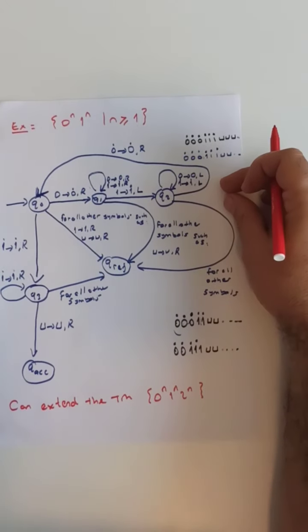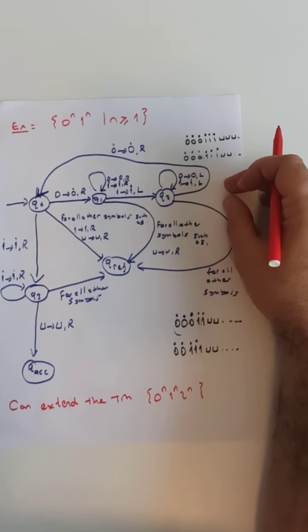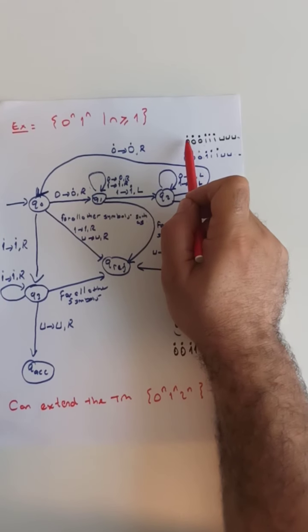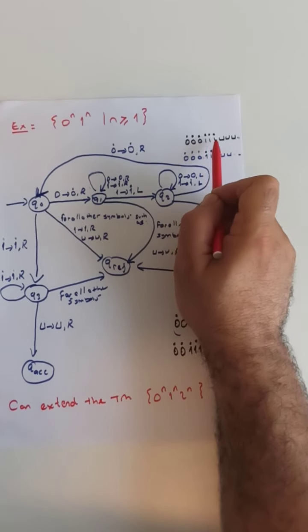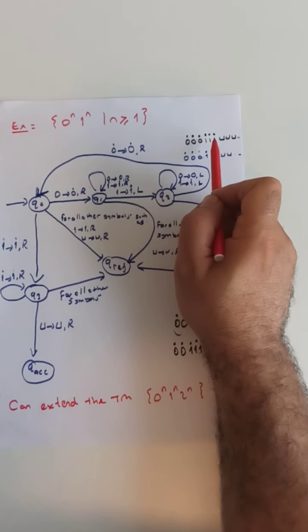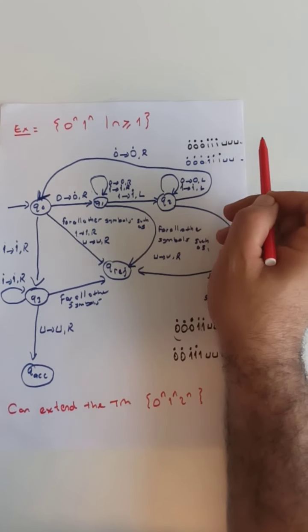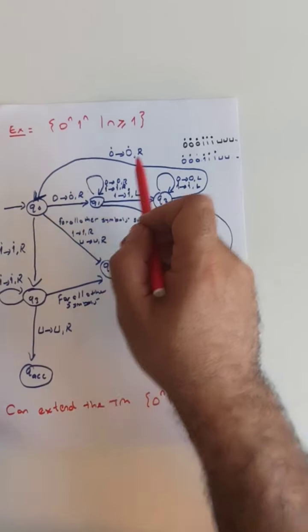How? We could just add yet another state so that the idea would be similar. Mark a 0 and then move all the way to the right to find an unmarked 1, and mark it corresponding to the 0 that was just marked. Again, move all the way to the right to find a 2 that is not marked, mark it. And then go all the way to the beginning and repeat the same thing.